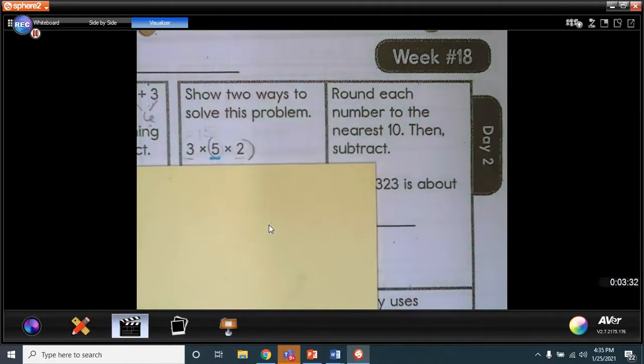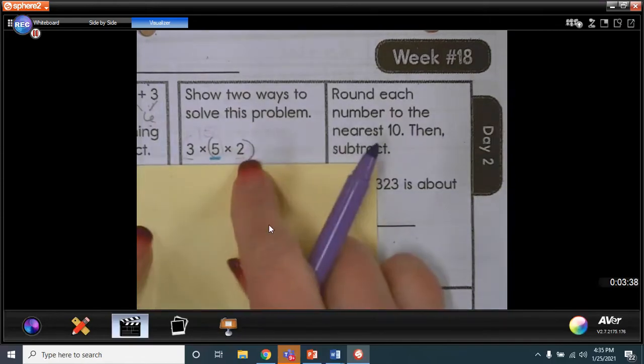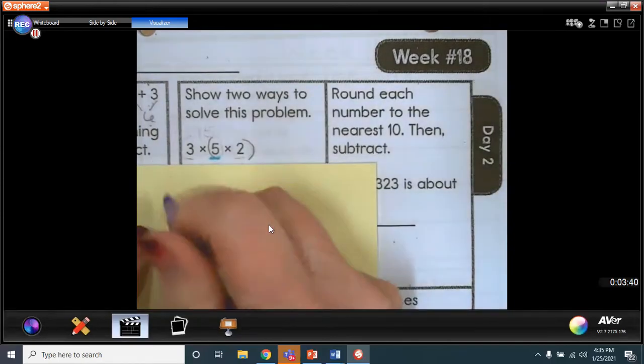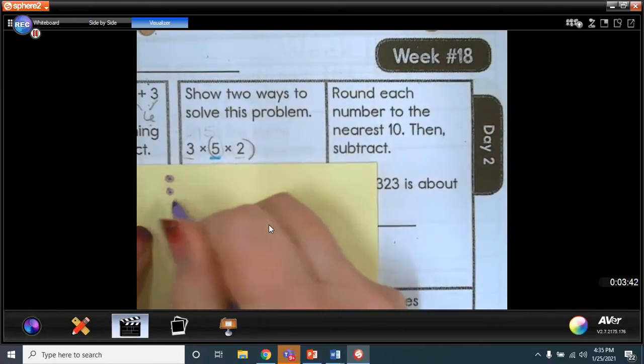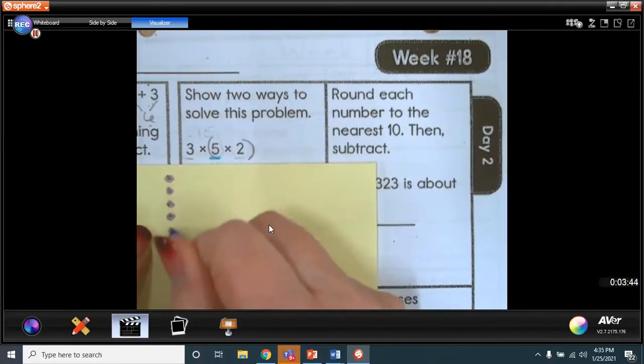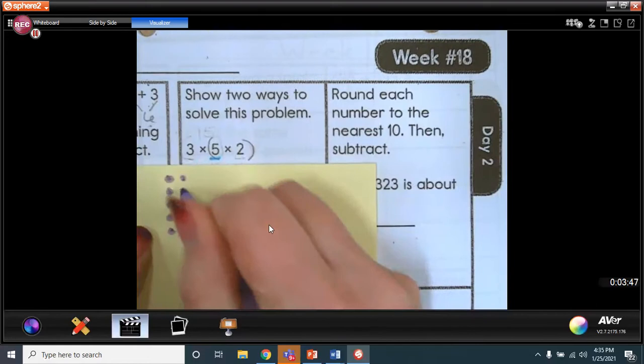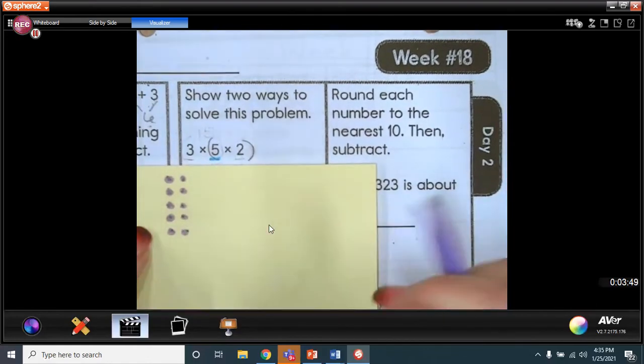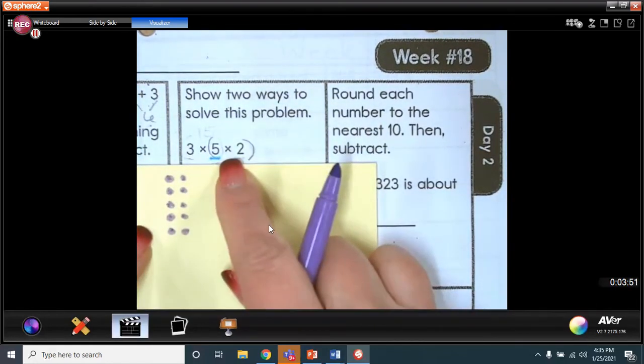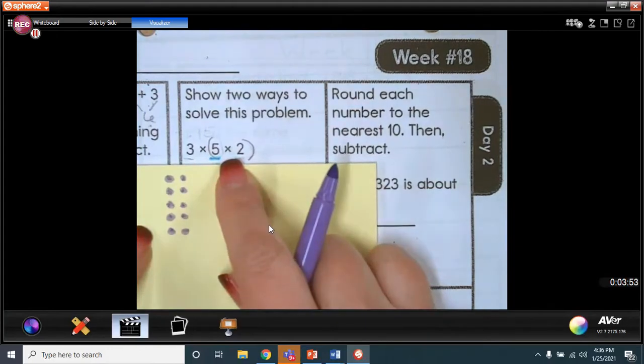So let's think about this. I have 5 rows with 2 in each row. So 1, 2, 3, 4, 5. And there's 2 in each row. So that's my first equation.